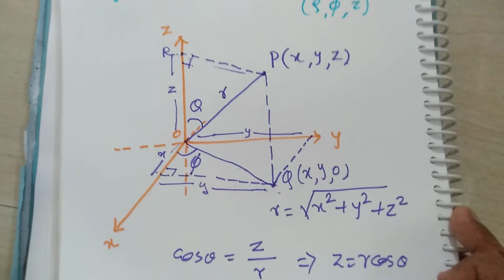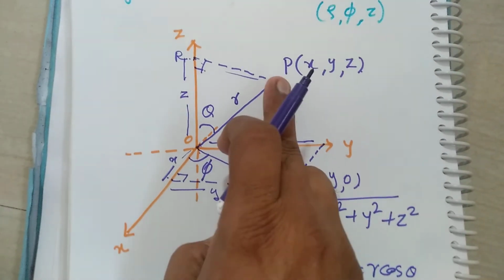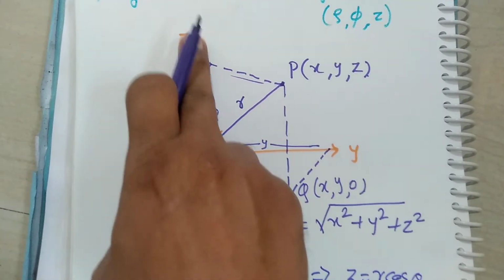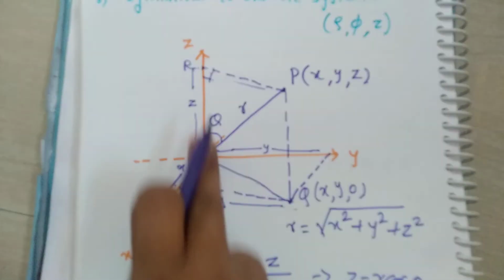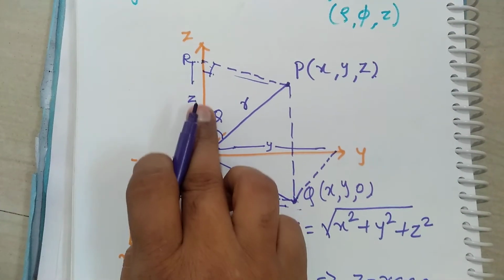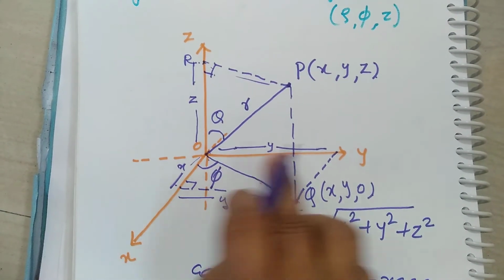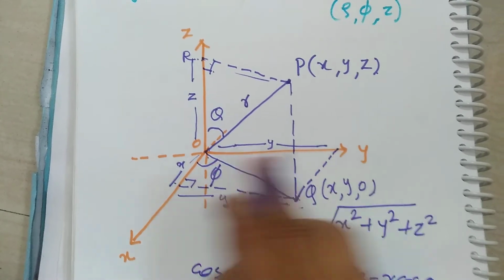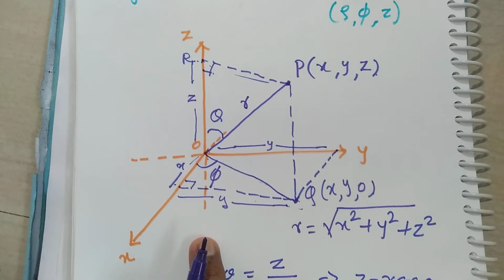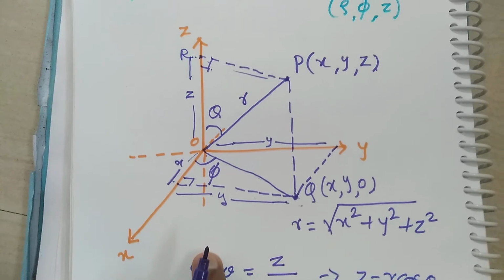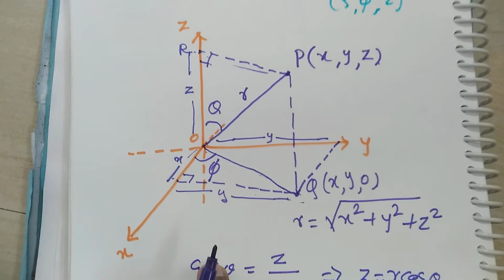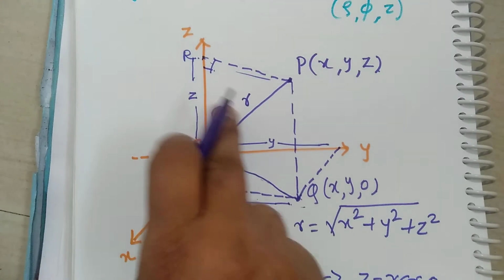Now why does angle theta vary only from 0 to pi? If the point P lies on the z axis, then the value of theta is 0. If it lies on the y axis, it is 90 degrees. If point P lies on the negative z axis, then angle theta is pi.